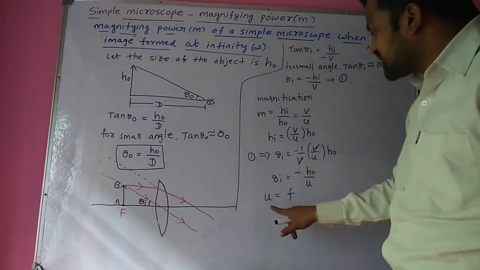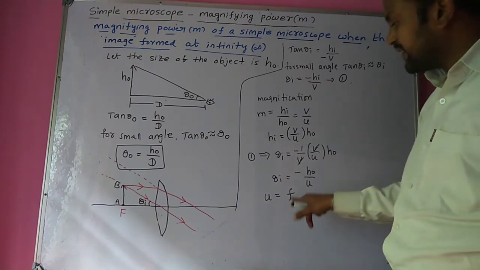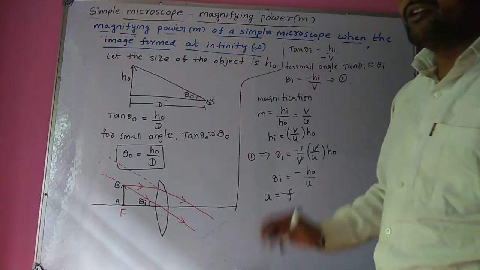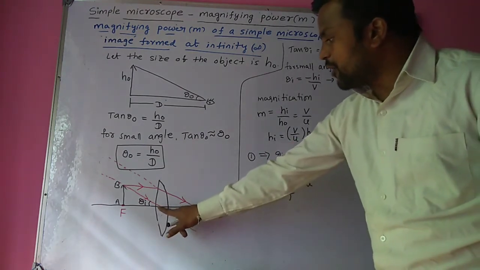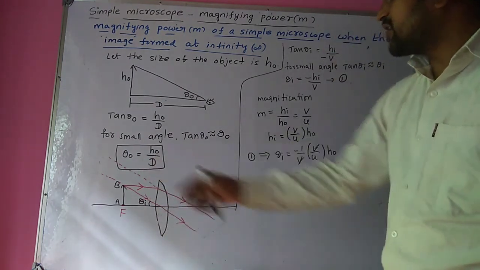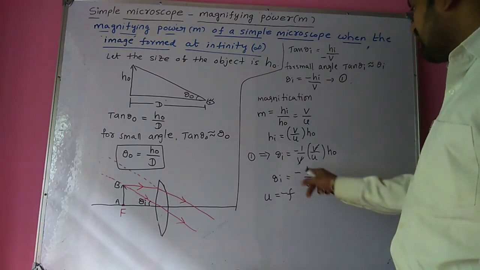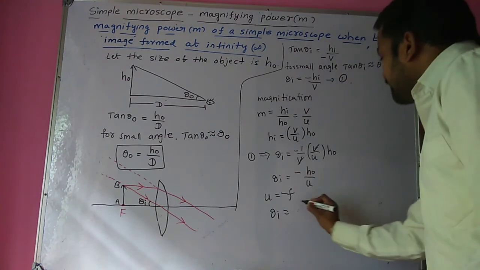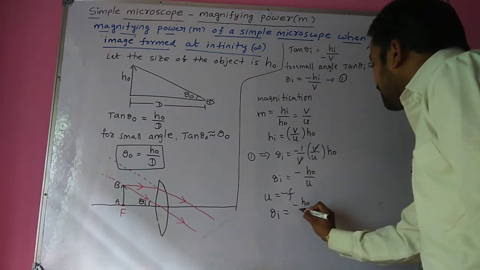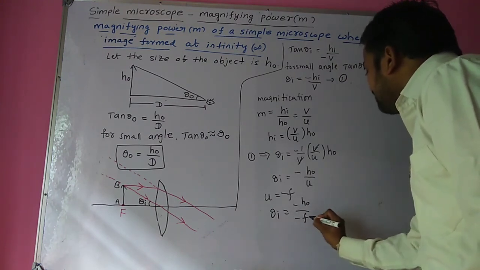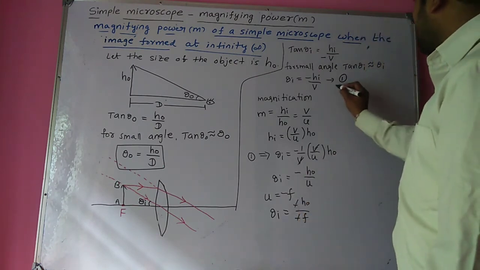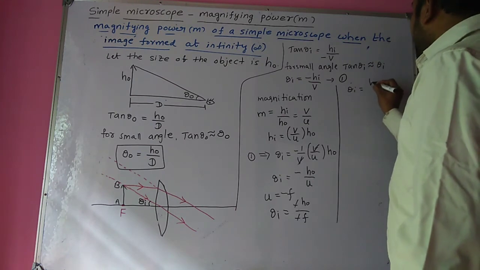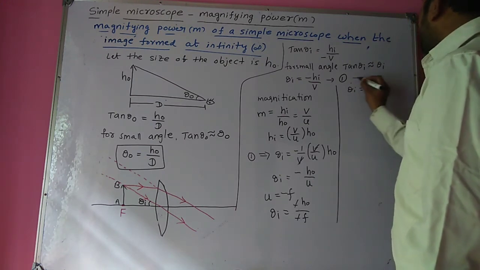This is also negative because it is measured in the opposite direction of incidence, so U is equal to minus F. Now if you substitute that, theta I is equal to minus HO by minus F. The minus signs cancel, and finally we get theta I is equal to HO by F.